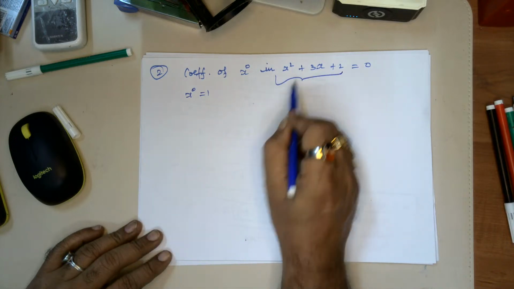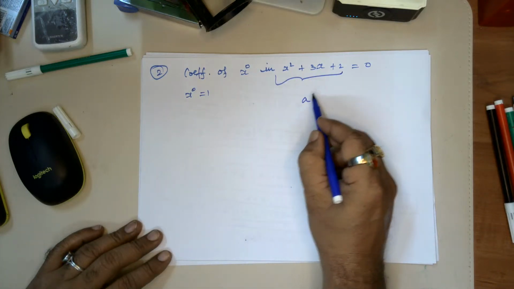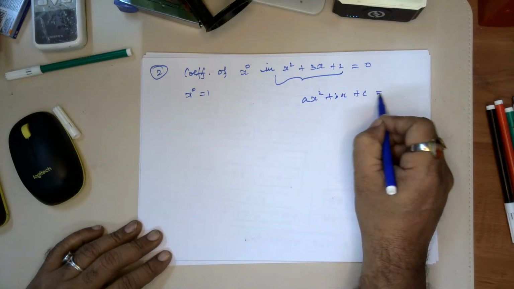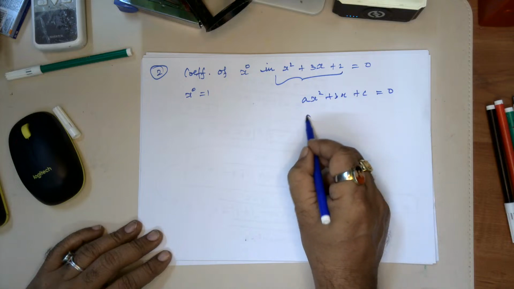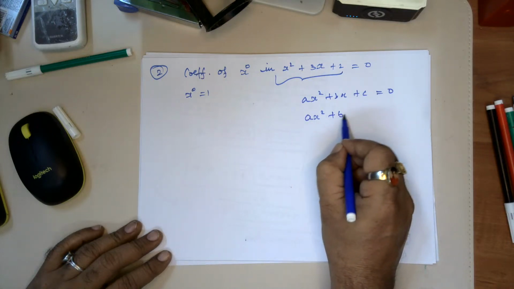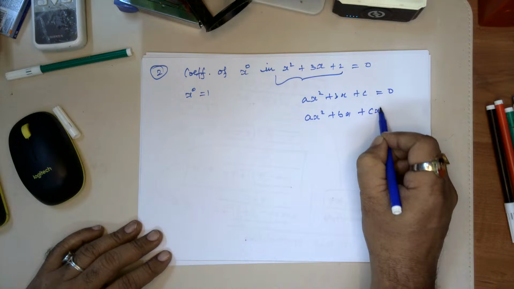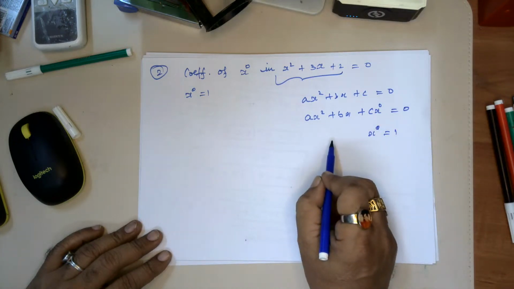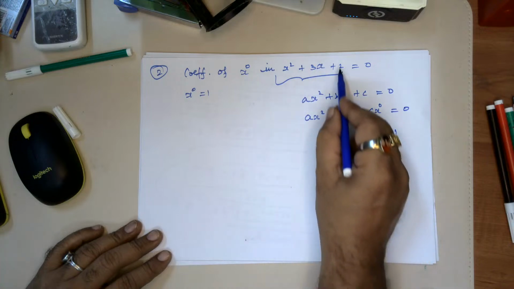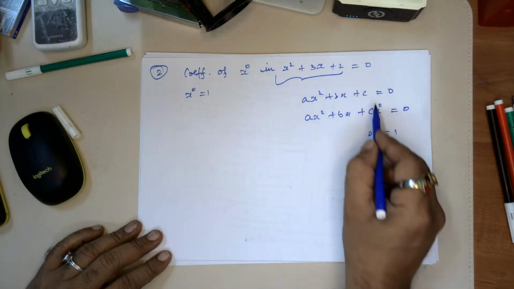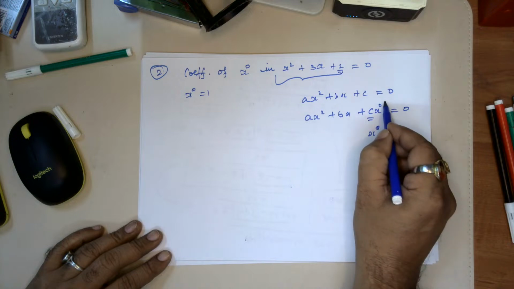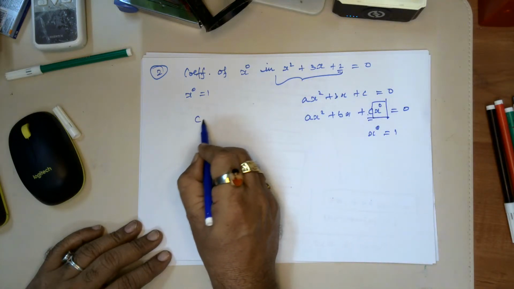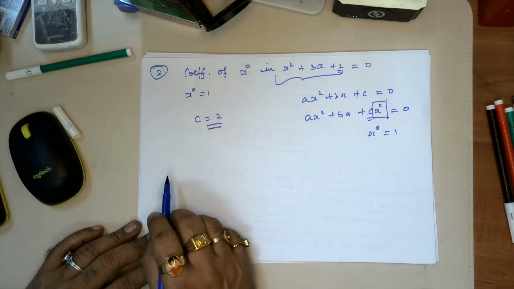We know the general format ax squared plus bx plus c is equal to 0, and this can be written as ax squared plus bx plus c x power 0, because x power 0 is equal to 1, right? So in this case, the coefficient of x power 0 is 2, right? So c is equal to 2.